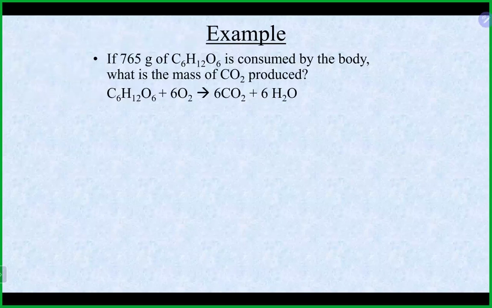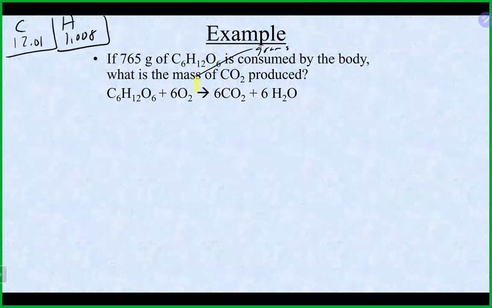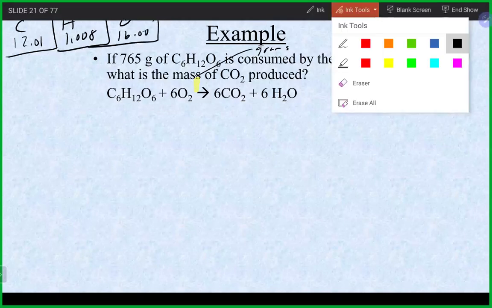If we took 765 grams of C6H12O6, we want to know how many grams of CO2 we would produce. Carbon is 12.01, hydrogen 1.008, and oxygen still 16. Give it a go, see what you come up with.